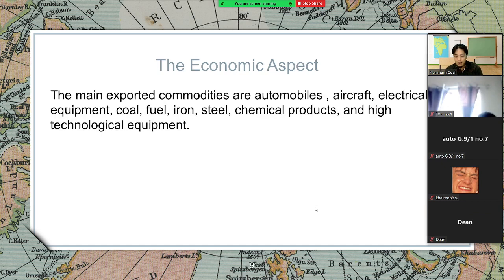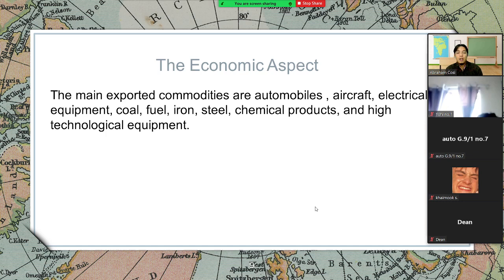These are the main exported commodities. Exported commodities are the products being sold to other countries. Export means to be moved to another country, while import is to get from another country going to your country. So that's the difference.